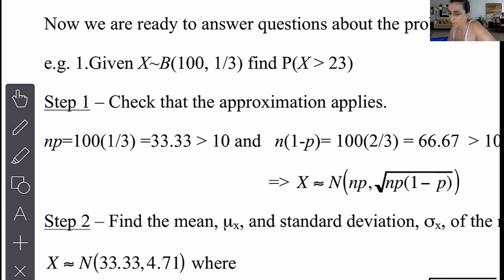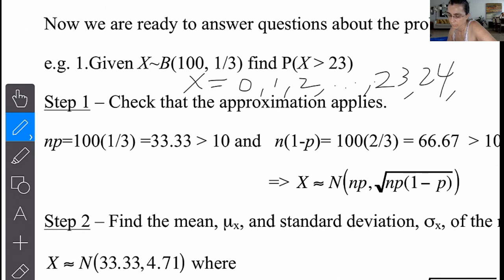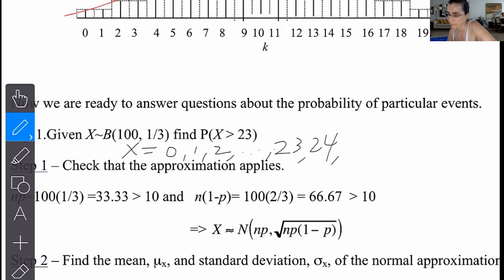Well, as far as we're concerned, what we've done so far is we've learned about listing all the possible outcomes, and then identifying which ones we have to calculate using our formula.